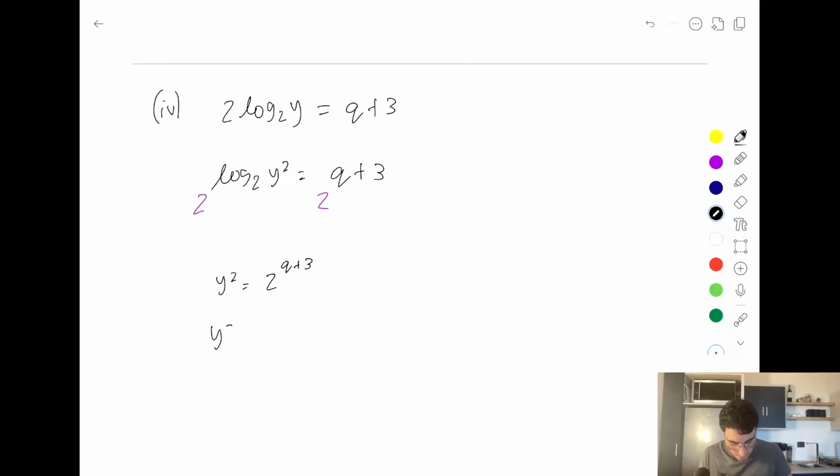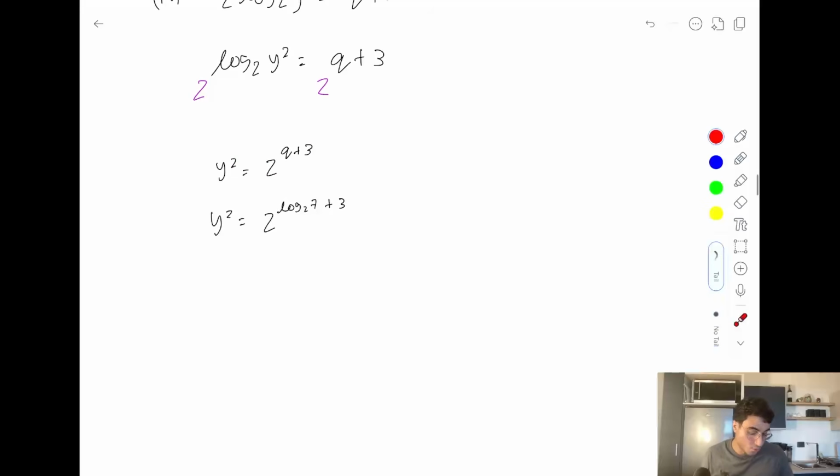Okay, so y squared is 2 to the power of log 2 7 plus 3. Now, according to our laws of indices, I can break this down even further. I can say y squared is equal to 2 to the log 2 7 multiplied by 2 to the 3, okay? So when they're multiplied, the exponents are going to add, right?